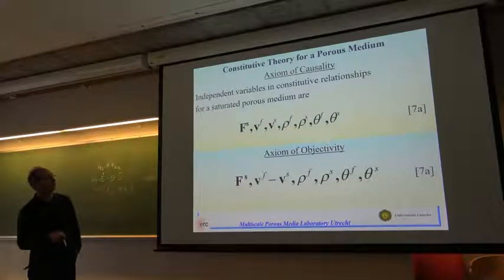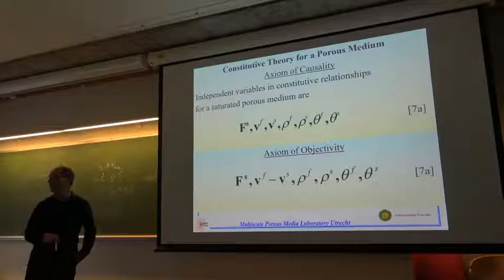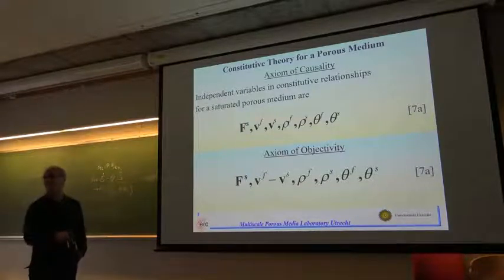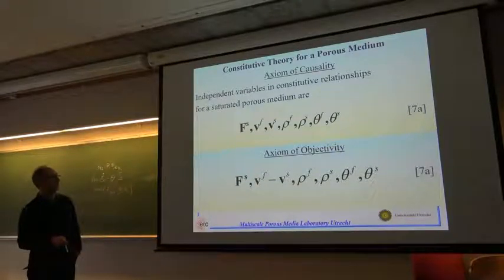But the axiom of objectivity says you cannot have dependence on velocities because these are not objective. They depend on the observer. Their difference, however, is objective. So we can have a dependence on these only through their differences. Then this is objective because this is independent of the observer. And then we still have these.